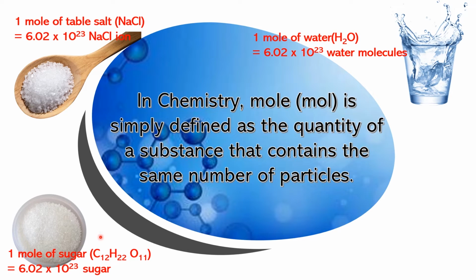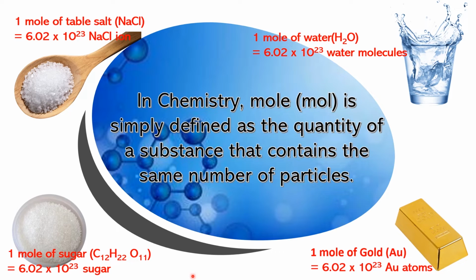Also, 1 mole of sugar is equal to again 6.02 times 10 raised to the 23rd power of sugar. Lastly, 1 mole of gold is also equal to 6.02 times 10 raised to the 23rd power gold atoms.